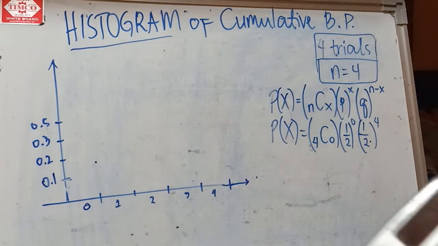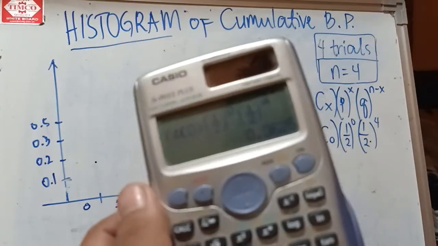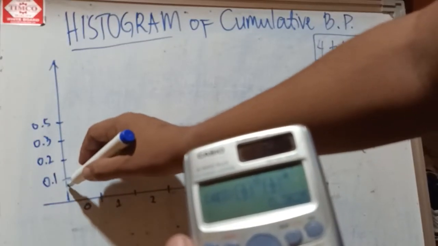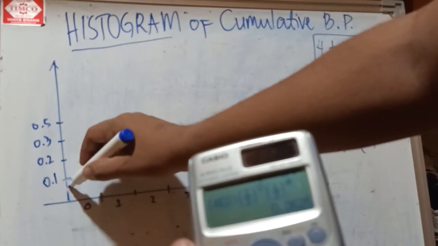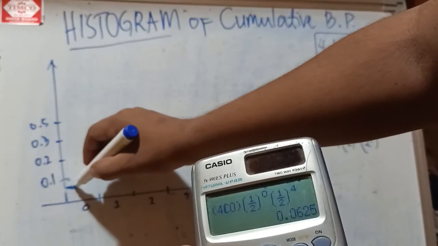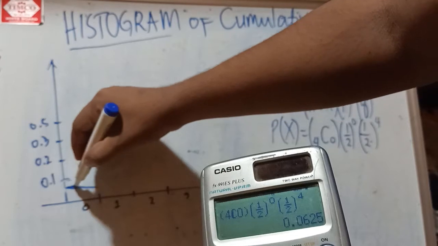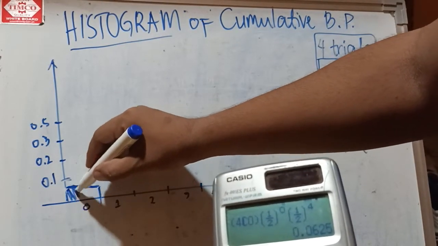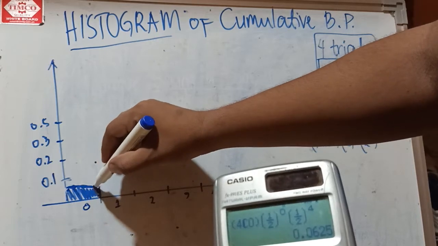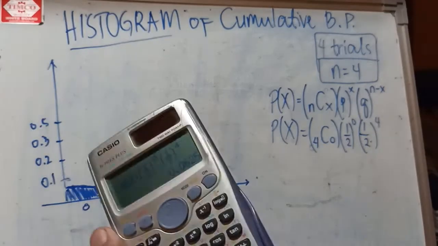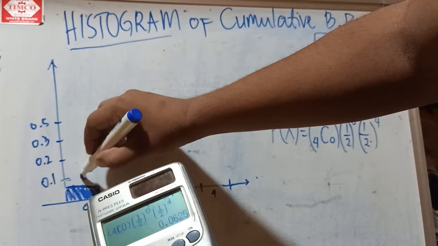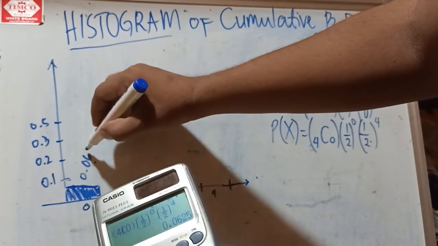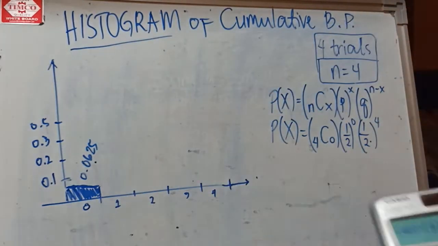So like that. Since this is 0.0625, it is about halfway in 0.1, so let's estimate it here. Then we create a line, and we can shade it, and put an indicator, 0.0625, like that.